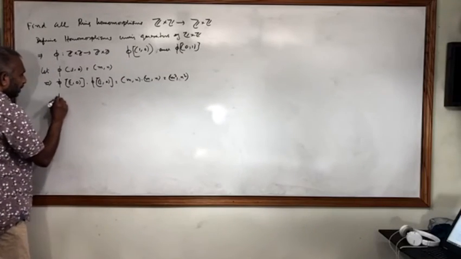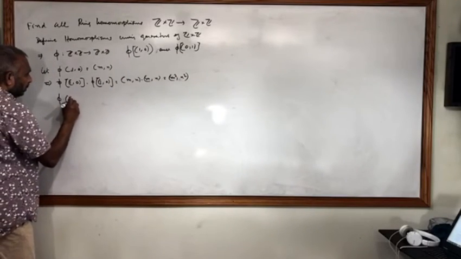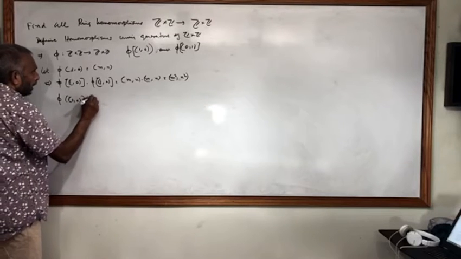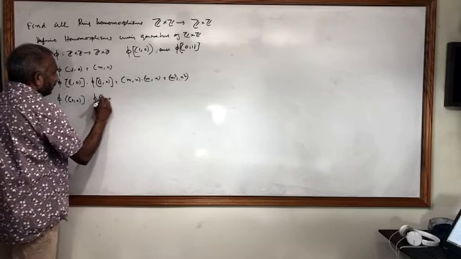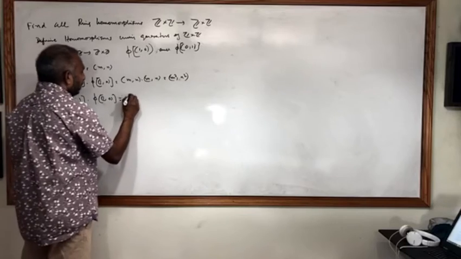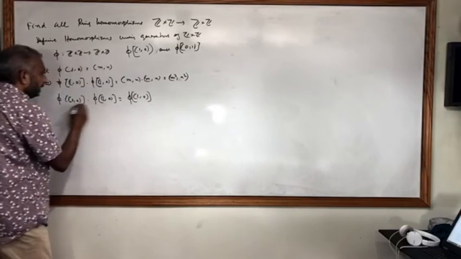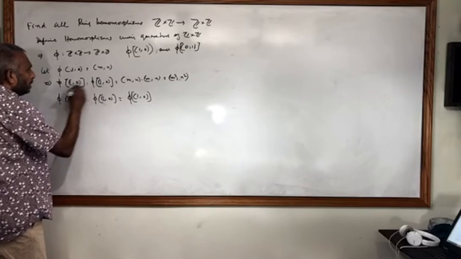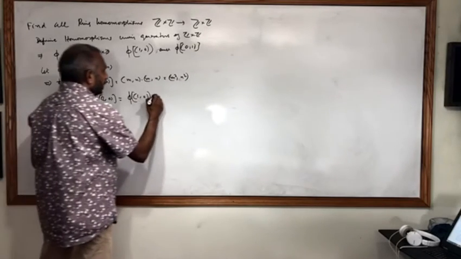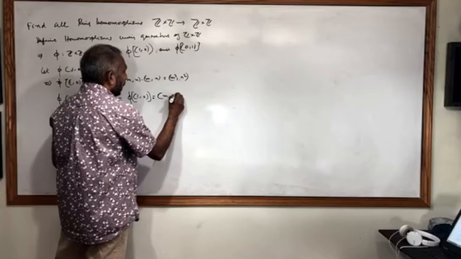And this is phi(1, 0) times phi(1, 0), which is again phi(1, 0), because if you multiply these, it is going to be (1, 0), and that is equal to (m, n).